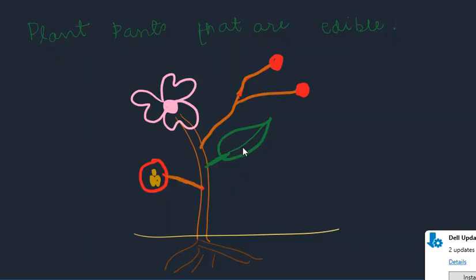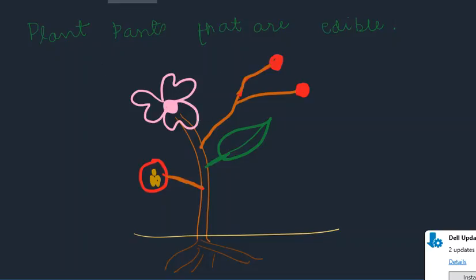Or in one plant there may be two things which we can eat, so it differs from plant to plant. To make it easier to understand, I've taken one plant and I'll mention all the examples in one plant itself, so that it becomes easier to understand and remember for a longer time. As we proceed you'll understand.